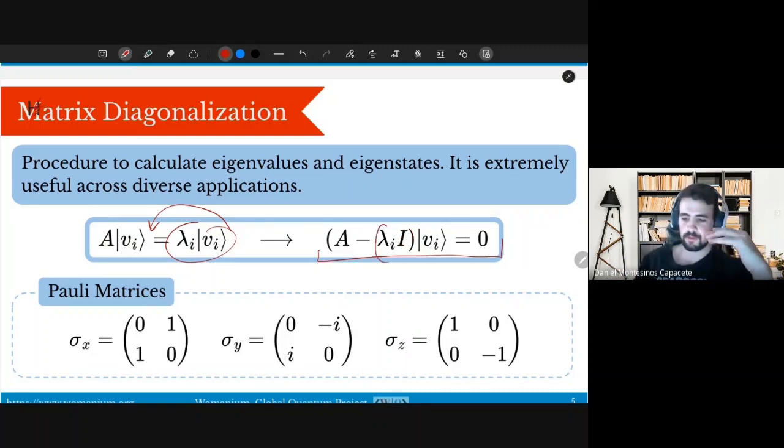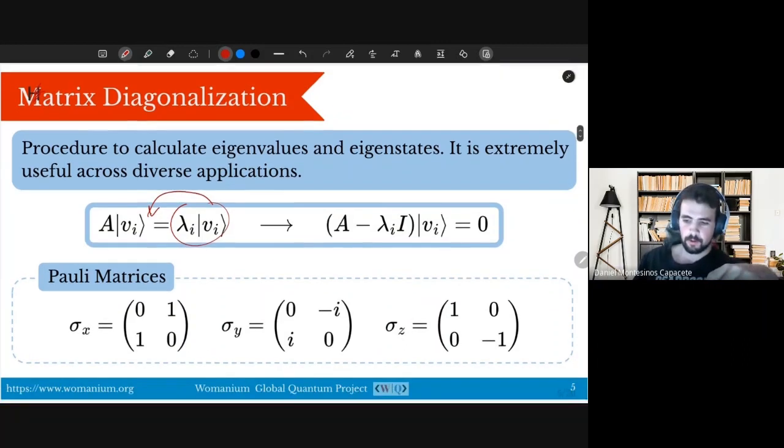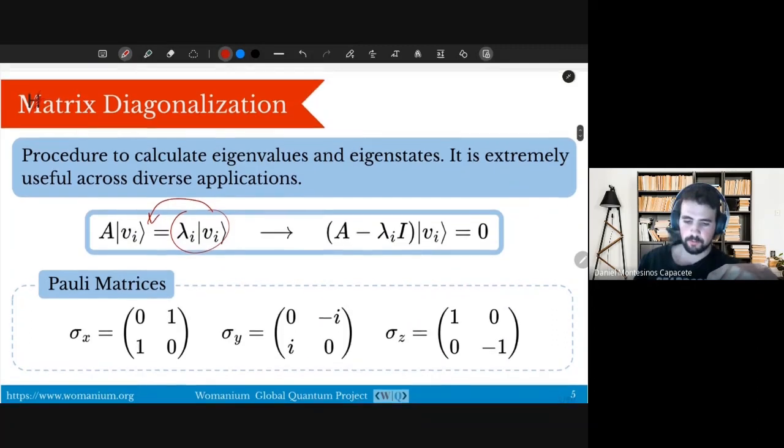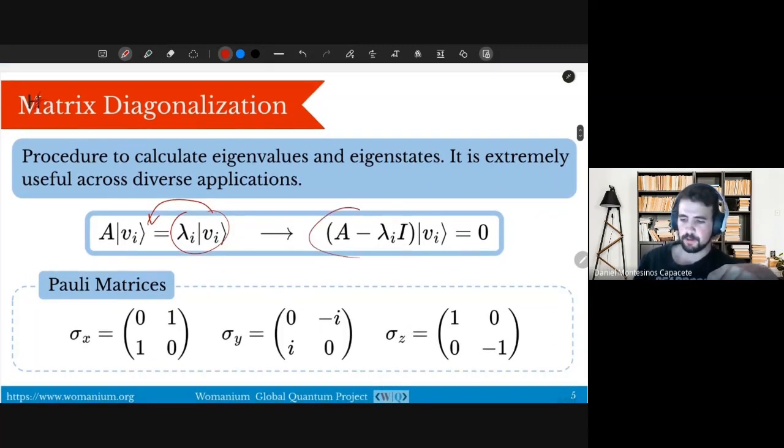Since this is just a number, you need to add the identity matrix here. So this is just moving the terms to the other side in order to do the calculation, right? So this is the equation we must follow in order to get the eigenvalues and eigenvectors of any linear operator A.